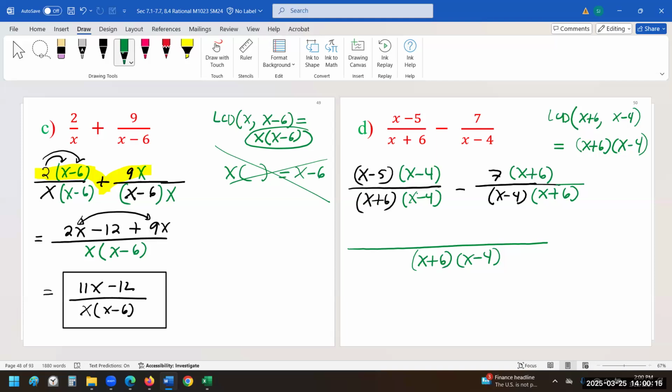Now do you have the same denominator? So we go and do combining numerators. So we do the following. What do you get?